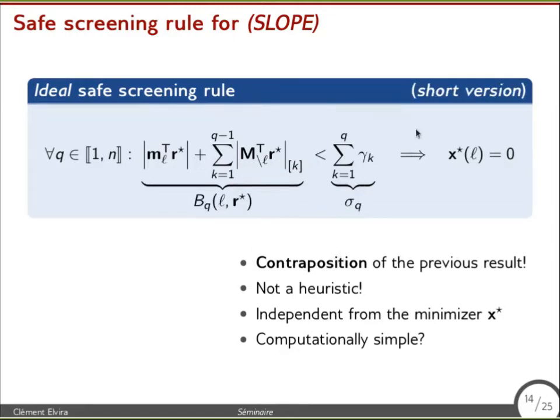So just to provide some additional notation, my screening test corresponds to verifying a set of strict inequalities. I will write BQ, the left-hand side of the inequality, and sigma Q, the right-hand side. And if BQ is strictly smaller than sigma Q for all values of Q, then I have identified a 0.